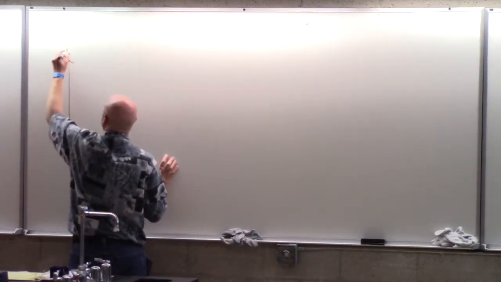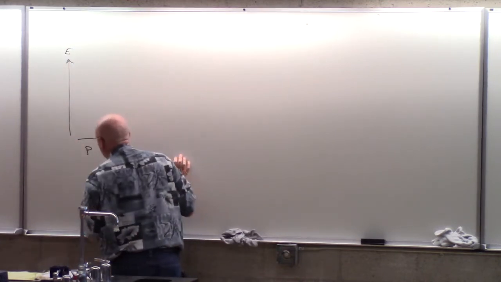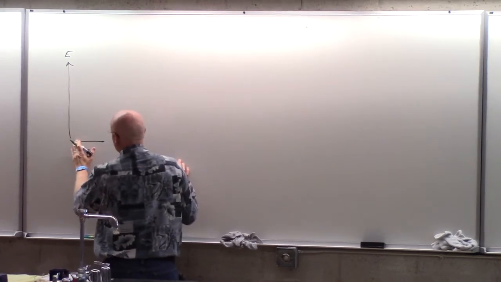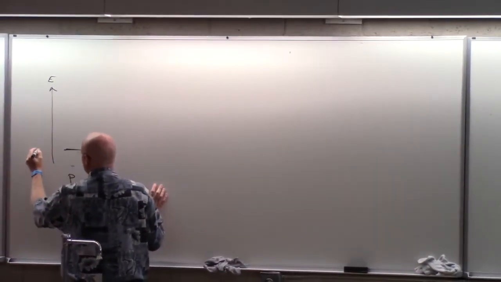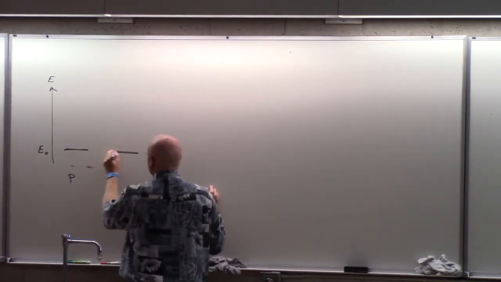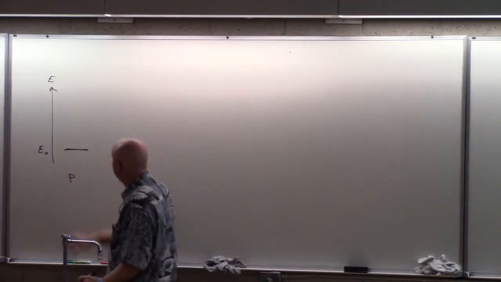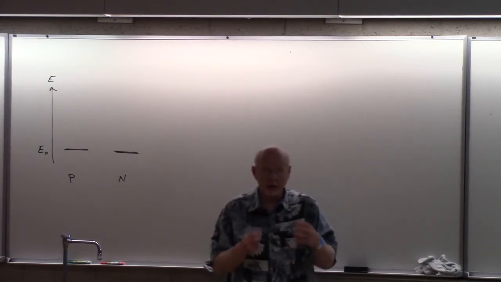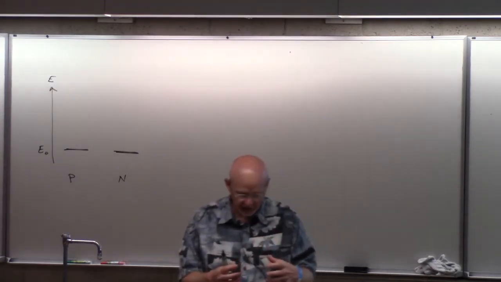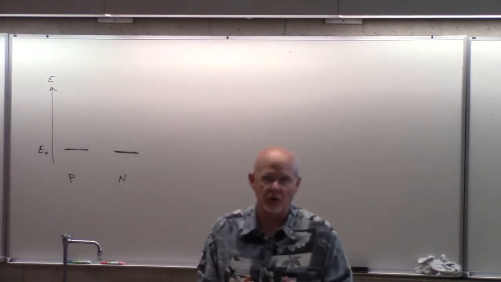Here'll be my energy level. Maybe I'll put a p here for proton, and then the lowest energy level. Let me call it E naught for the ground state, but let me also put here the neutron. Now, I'll be quick to point out that there is a lot going on inside of that nucleus that we don't have time to digest and dive into.